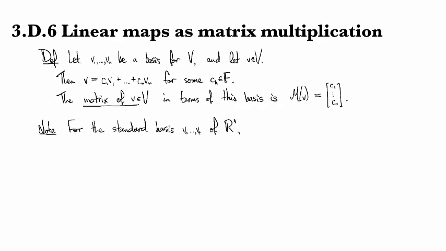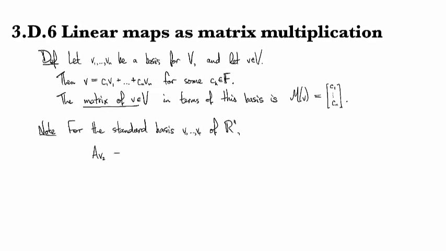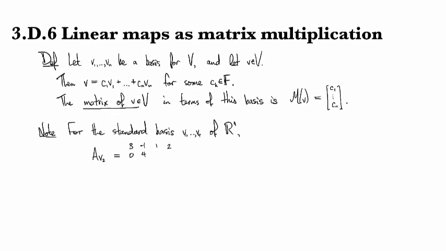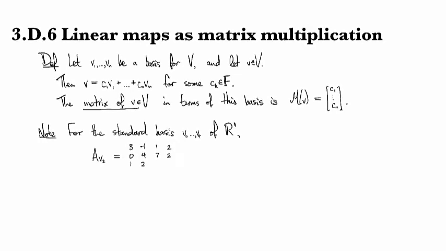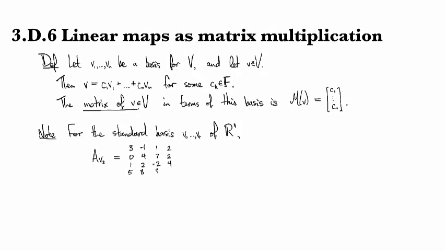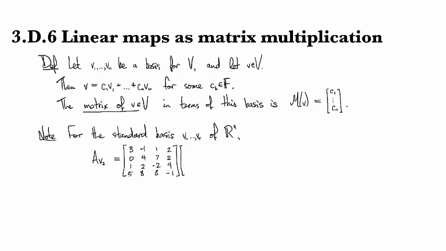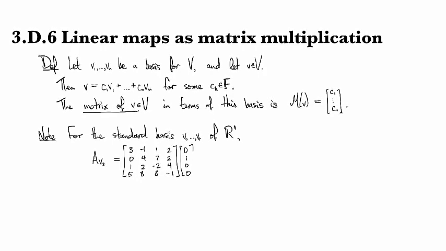Then let's look at A times v2, where A looks like, and let me make something up: 3, minus 1, 1, 2, 0, 4, 7, 2, 1, 2, minus 2, 4, 5, 8, 8, minus 1. Okay, that's going to be our A. And then v2, the second standard basis vector, is 0, 1, 0, 0.